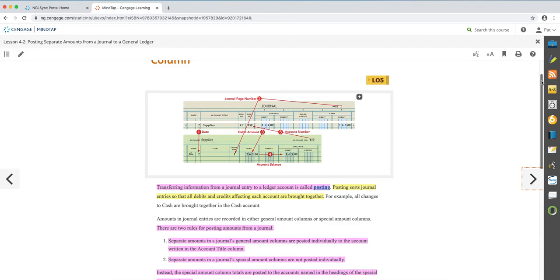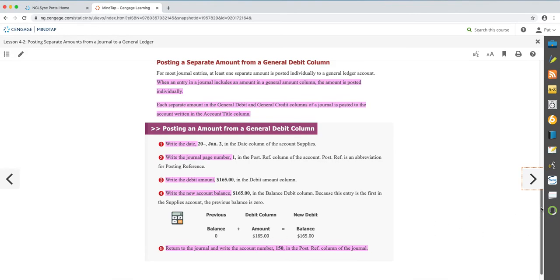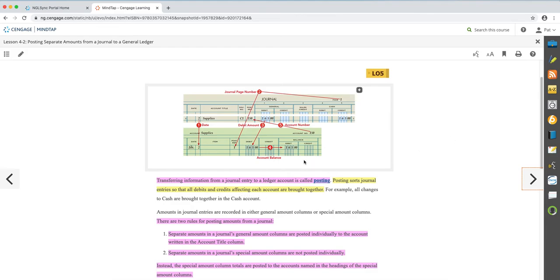Step 4 of the balance is this, and this shows you the adding 0 plus 165. Step 5 is the one that people put first or out of order, and we really should be putting it last. And what it is, the account number goes up here. This shows you in the journal where you last posted, in case you get stopped halfway posting, or you get interrupted, or whatever the case may be.